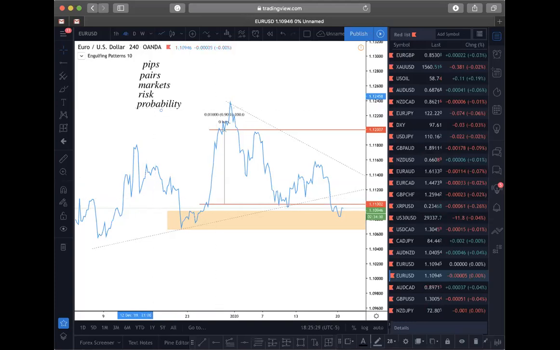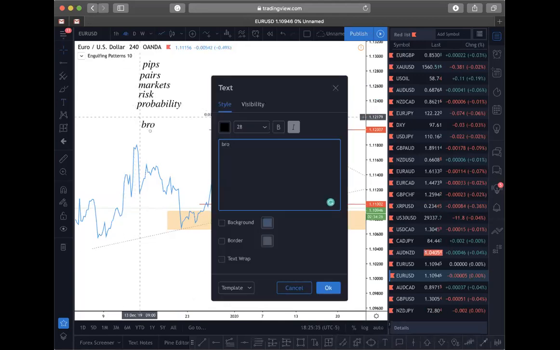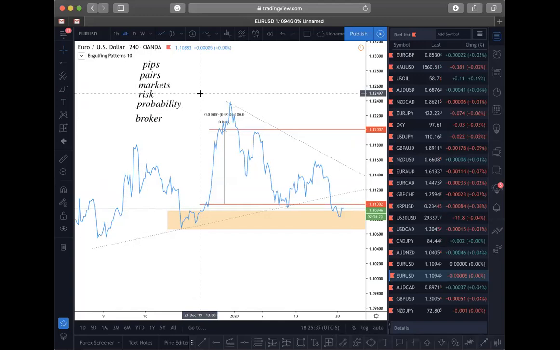So next we have broker, right? So a broker is basically a company that gives you access to the market, right? Meaning you sign up with that broker, who verifies your information, that you're actually a real person, and then you deposit your money to the broker, and with that broker you can create a trading account, and they would give you the login information, right?